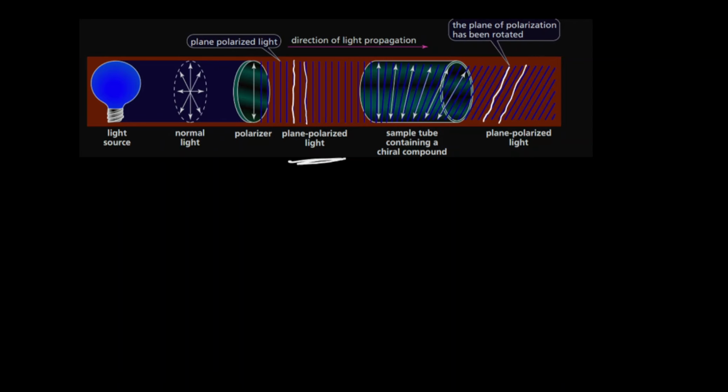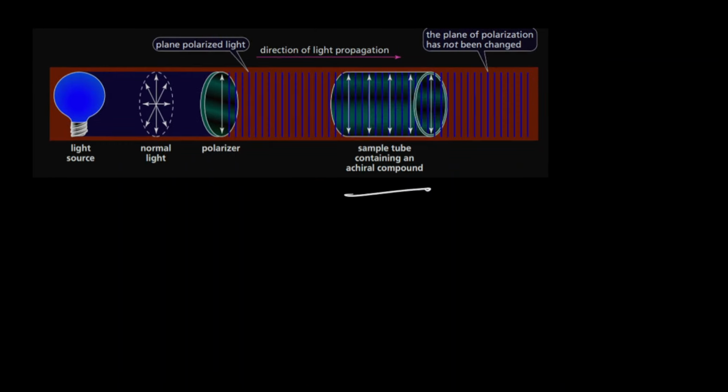Okay, now let's take a look at this going further. For this video, we won't be going in depth on how the specific rotation of plane polarized light is measured. We won't be going into details of that. However, it's important for us to take note of how specific rotation is measured.